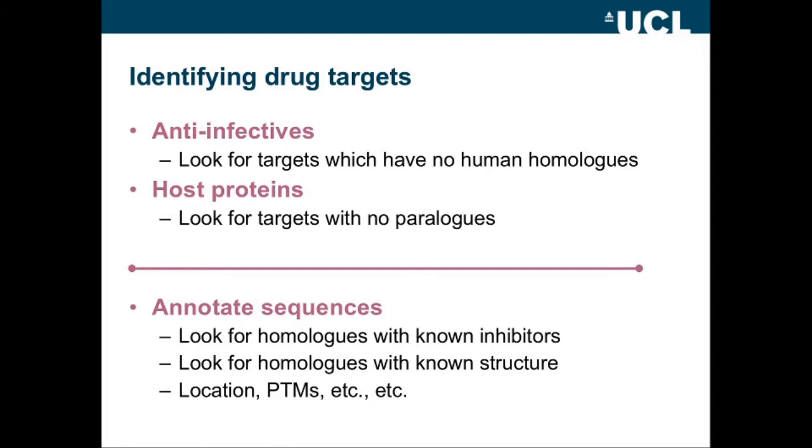Because if you have human homologs, then when you produce a drug, it's likely to interact with the human homologs as well, and therefore have side effects. On the other hand, if you're targeting a host protein, then ideally you want a target which has no paralogs. So I'll come back to the definition of paralogs, orthologs and homologs in just a moment.